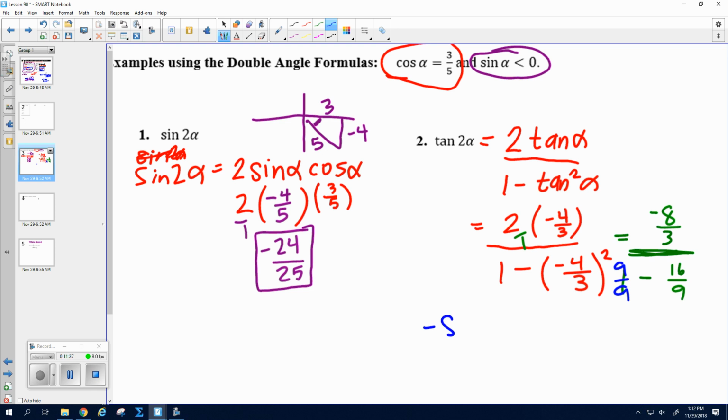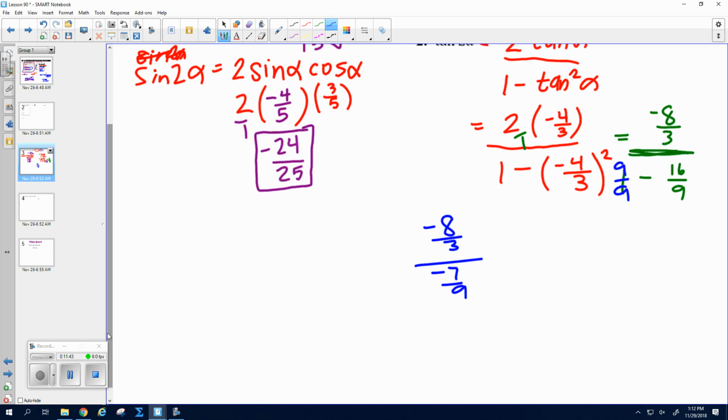So now I have negative 8/3 divided by negative 7/9. So fun. Then multiply by the reciprocal right here. I'm going to flip it, and I'm going to multiply. 3 goes into 9 3 times. And I get a positive, because that's a negative times a negative, 24/7.